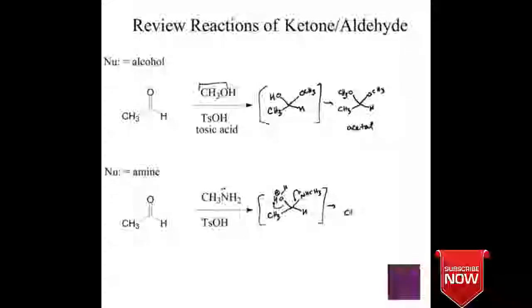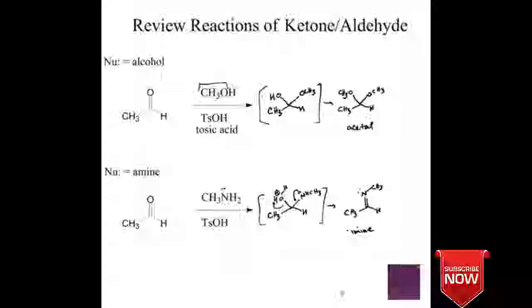But ultimately, the product we get with an aldehyde or a ketone and an amine is that we replace the C=O double bond with a C=N double bond to give an imine product. So these are all reactions we've seen before for aldehydes and ketones, and we'll see how those are going to be quite different from the next set of carbonyl-containing functional groups.